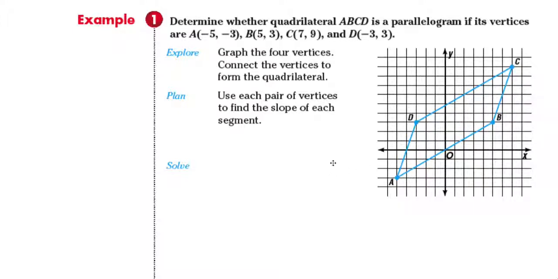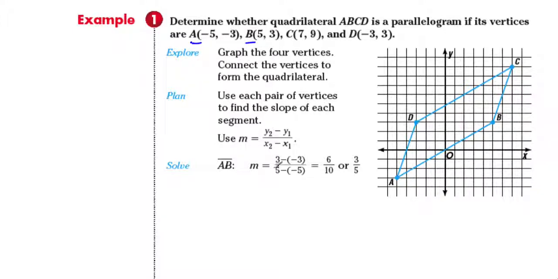If they're parallel, then it is a parallelogram. We will use the equation m equals y sub 2 minus y sub 1 all over x sub 2 minus x sub 1. So let's find the slope of segment AB. It's going to be 3 minus 3 over 5 minus negative 5, because you're using point A and point B.